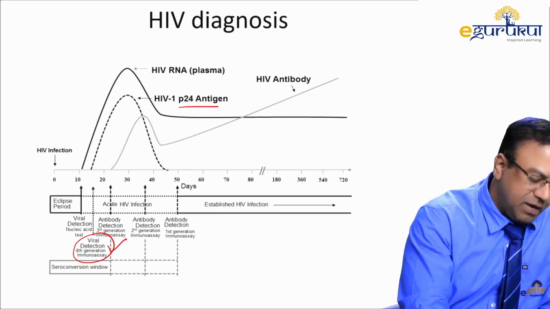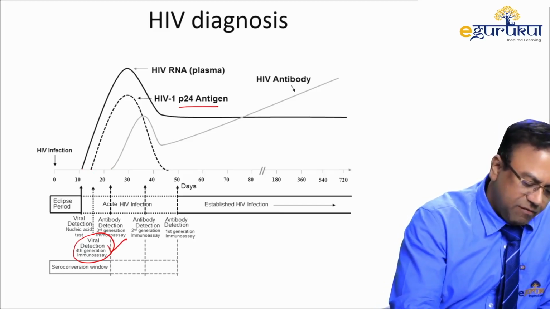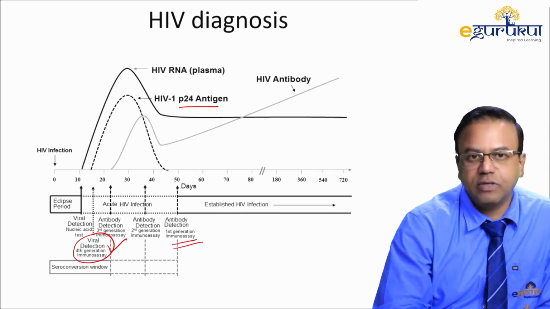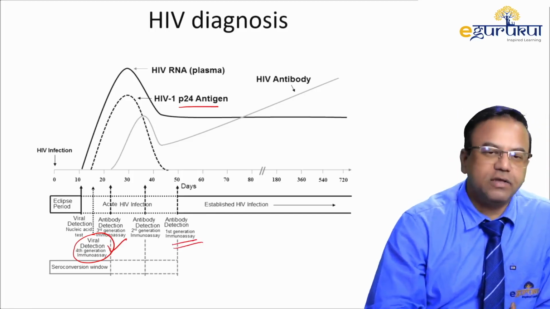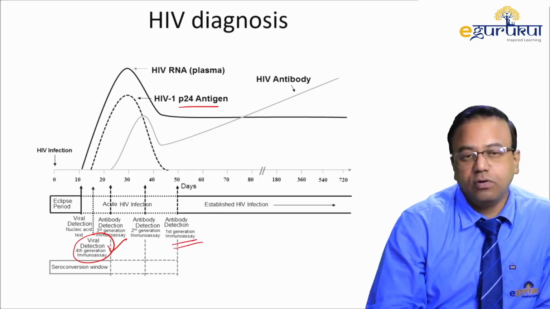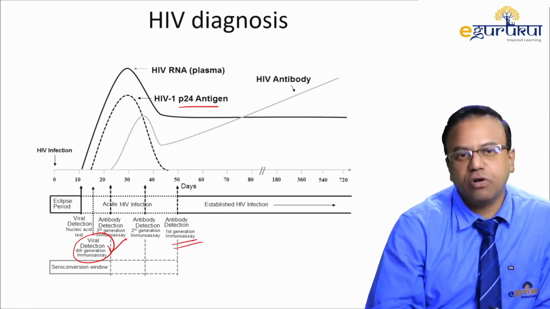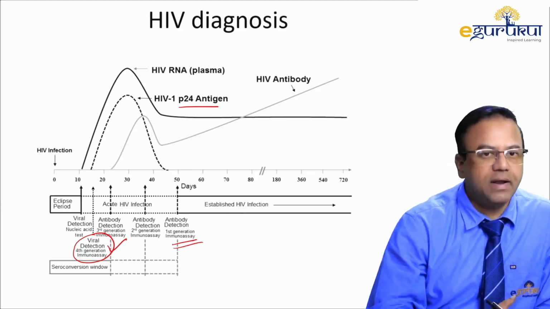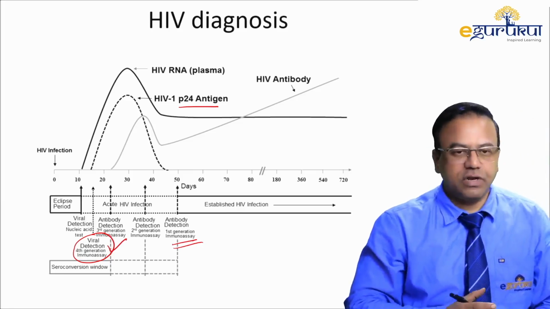Earlier we were only testing for antibody, and that's why the window period was large. If you remember, the first generation immunoassay used to become positive only about 30, 40 or 50 days later, and it would create a lot of anxiety about whether the patient had really picked up the infection or not, because it used to be positive quite late. So this is the advantage of using the fourth generation assay.